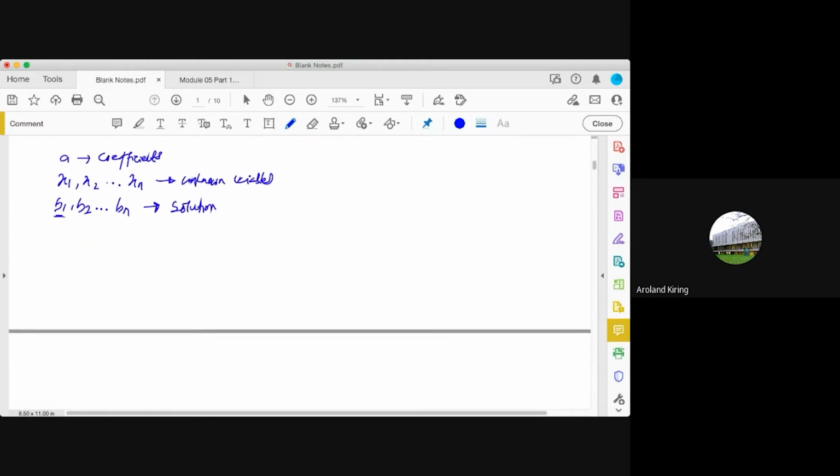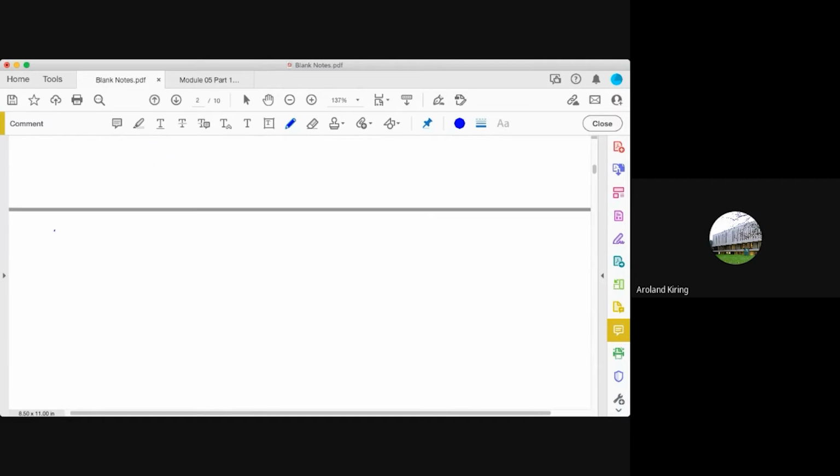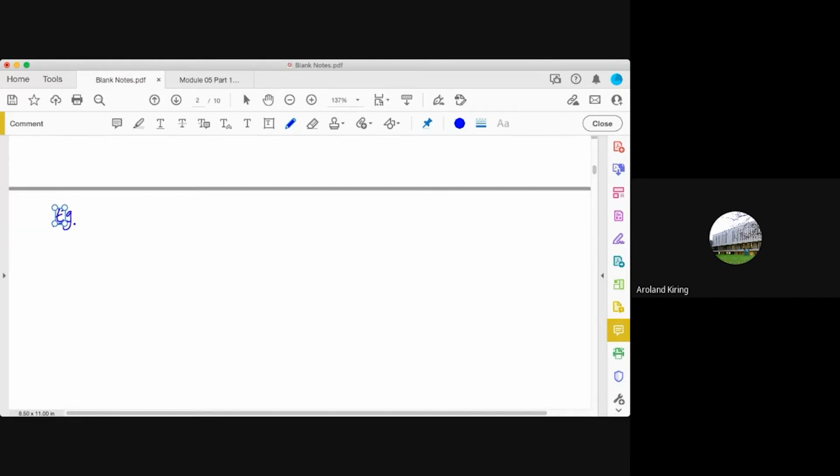Let me give you an example. We consider two linear equations. The first equation is a1x plus b1y equal to c1. The second equation is a2x plus b2y equal to c2.